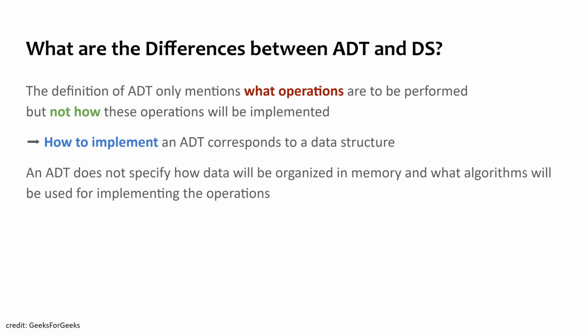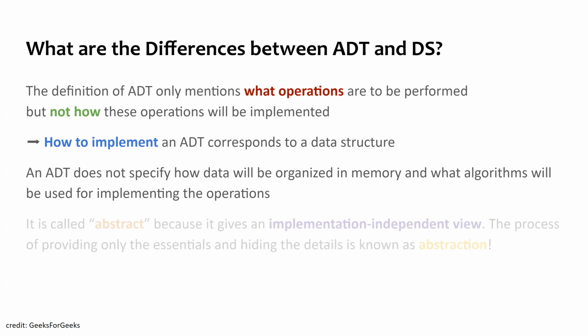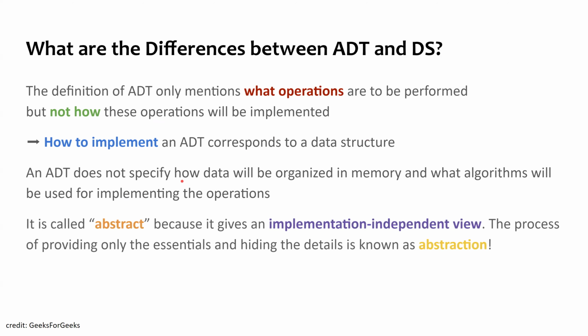An ADT does not specify how data will be organized in memory and what algorithms will be used for implementing the operations. It just specifies the operations or the input and output relations. How we implement the behavior is data structures. It is called abstract because it gives an implementation-independent view.